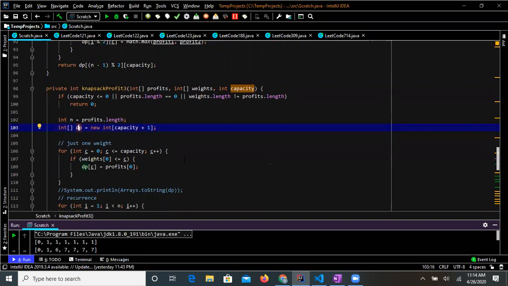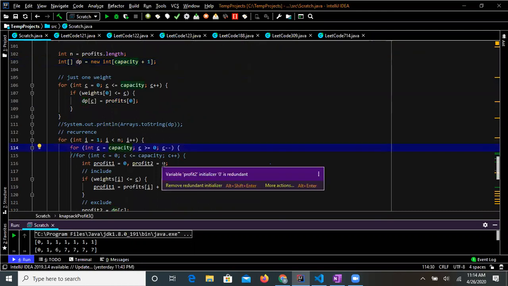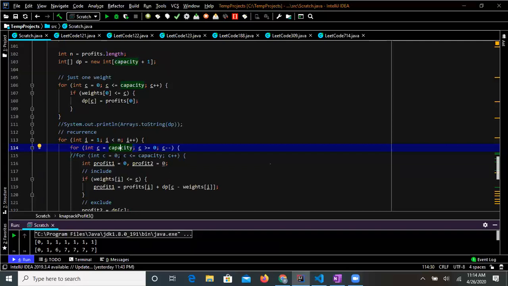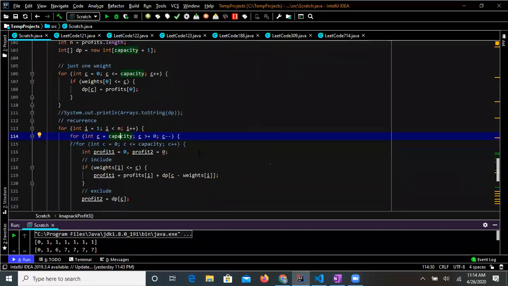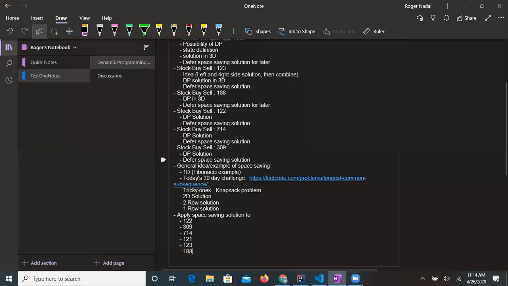How does that work? And why should I go from the capacity side down to 0, rather than from 0 up to capacity? Why should I go from the end of the array versus the start of the array? All those questions I had planned for this general example of space saving. Just giving you a sneak peek. But yes, that's it.